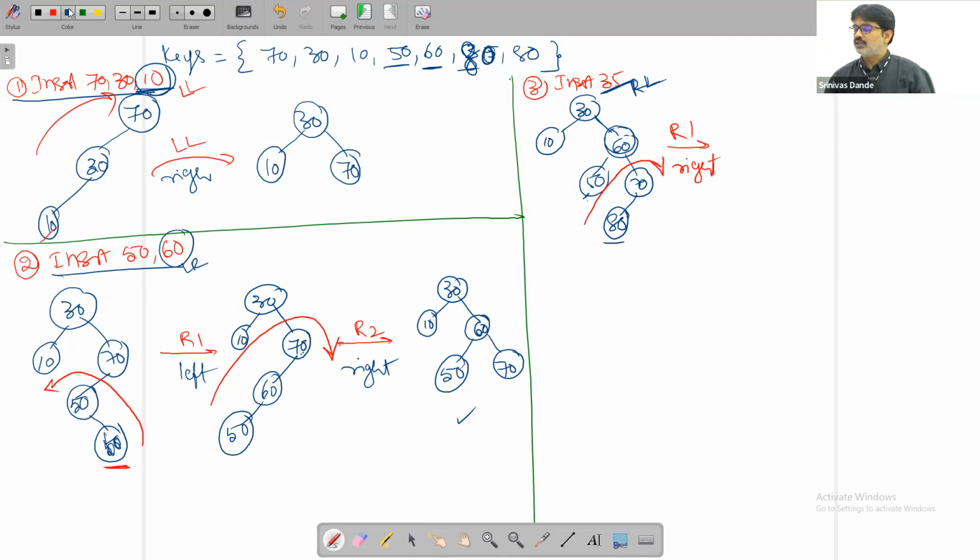So the tree becomes 30, 10. Here is 60, 50 here only. 80 cannot go there. 65 works, I think, not 80. 65 will take.